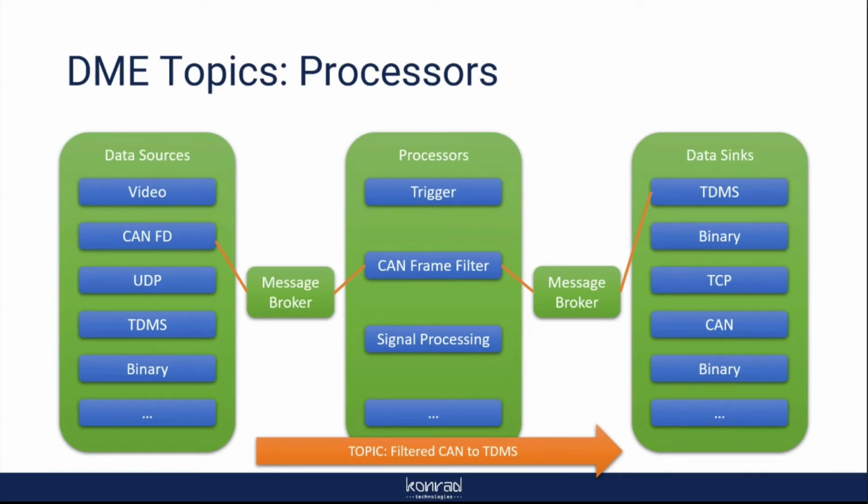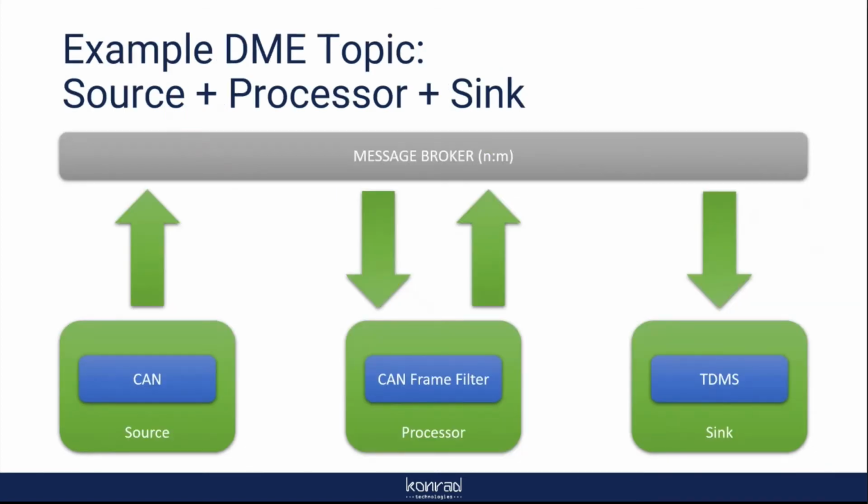Another example might be to have a processor listening for a trigger, discarding data until a trigger is received and then publishing it to a sink. So, the source publishes the data to the broker. The processor that's subscribed to that broker receives it, modifies or filters it in some way, and then publishes it to any sinks that are registered to receive that subtopic.